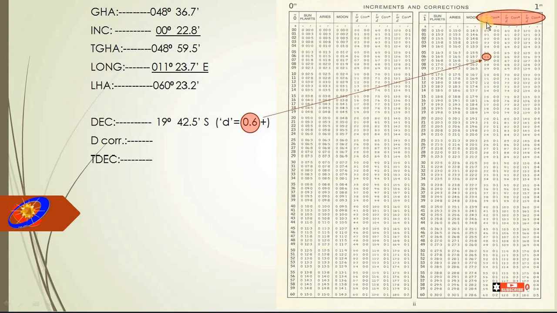is the D correction. And the V correction, remember guys, this V correction is the V correction for the GHA of the moon, but we're going to use the declination of the sun, which has a D here.